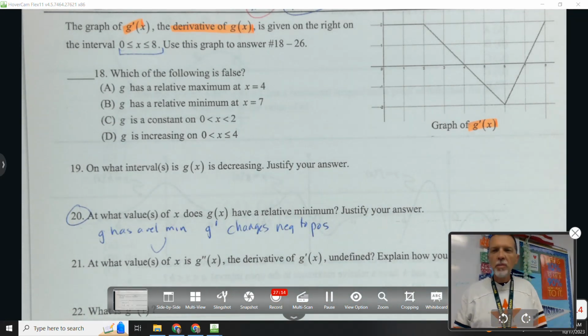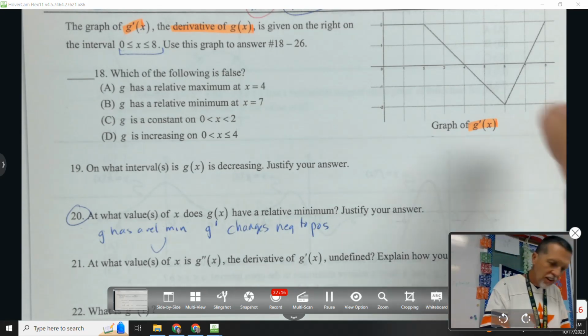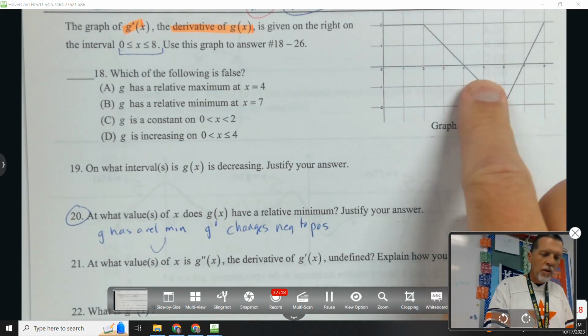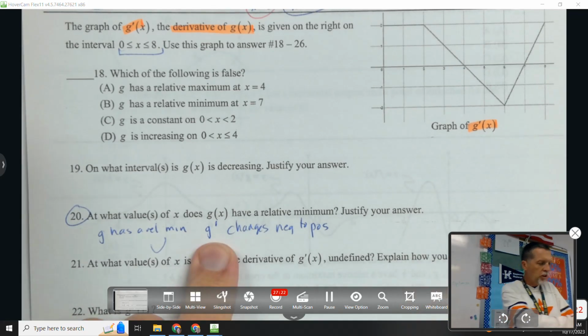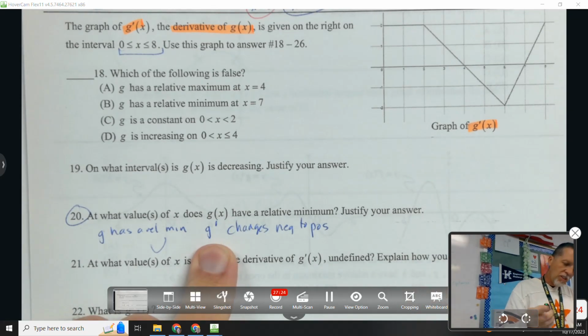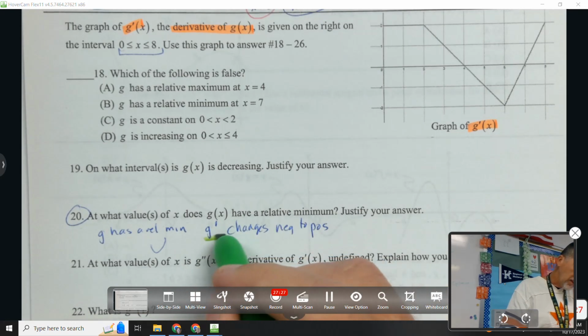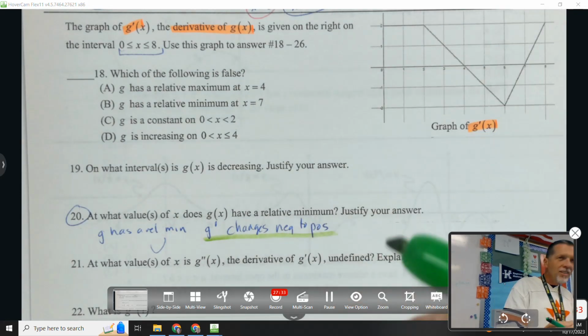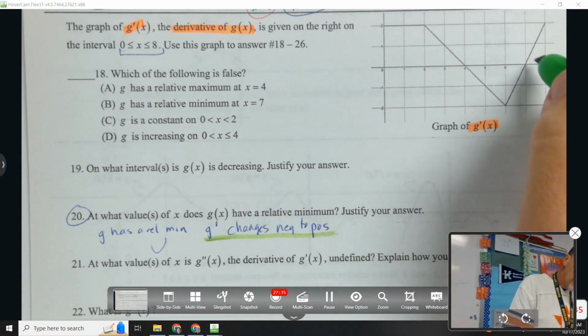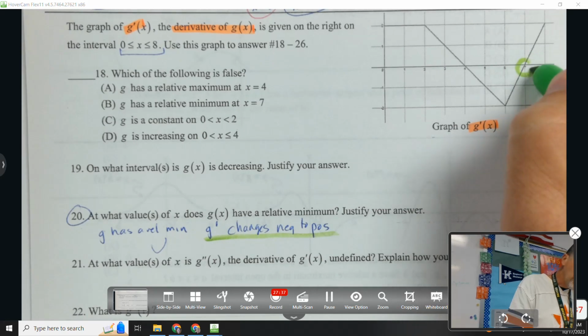There are going to be some people that say the answer is 6 because that's a minimum. You're like, well, that's a minimum of g prime, and that's not what we want. We want where g prime changes from negative to positive. So for g prime, negative is below the axis, positive is above the axis, so that change happens at x equals 7.